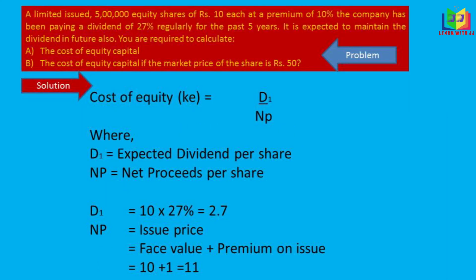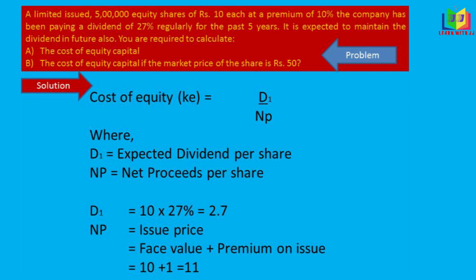And for calculating the net proceeds, we need to know what the issue price is. Here it is issued at a premium, so the issue price will be face value plus premium on issue. Here we don't have any issue expenses, so the net proceeds is the issue price.